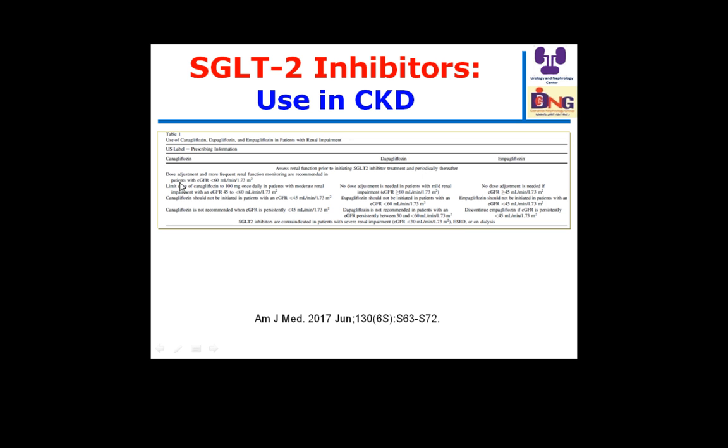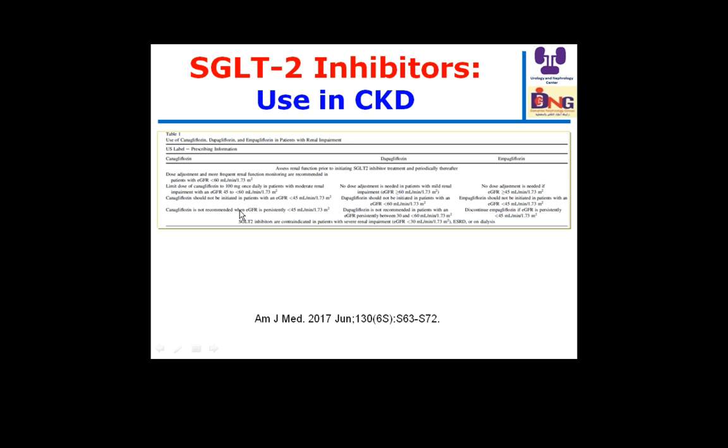So this is the advice. For canagliflozin, dose adjustment and more frequent renal function monitoring are recommended in patients with estimated GFR less than 60 ml per minute per 1.73 square meter. Limit the dose of canagliflozin to 100 mg once daily in patients with moderate renal impairment, estimated GFR between 45 to 60 ml per minute.